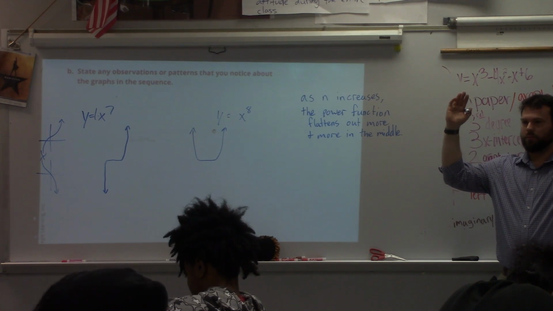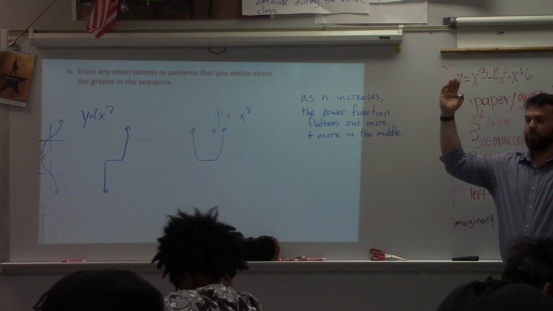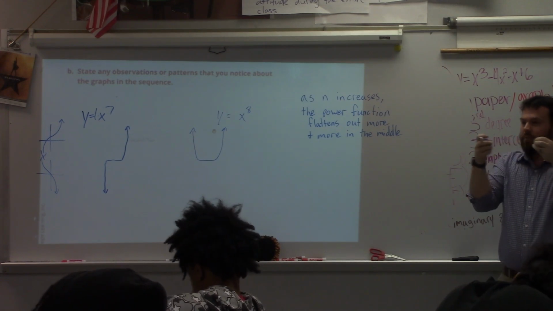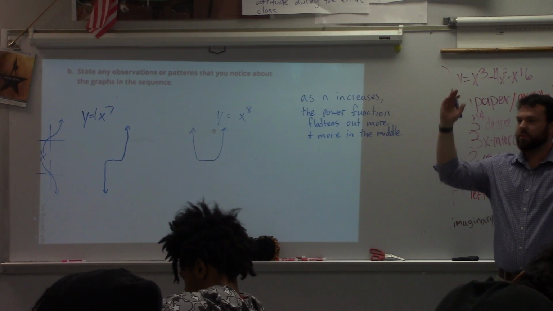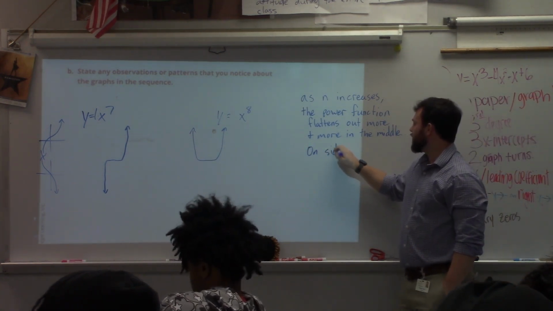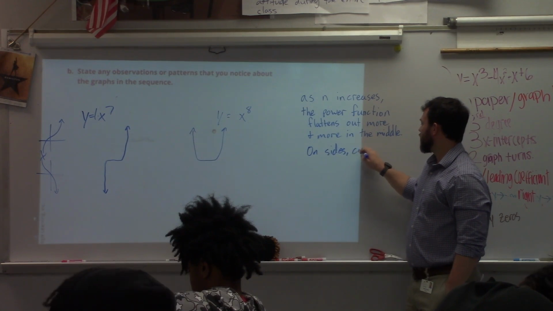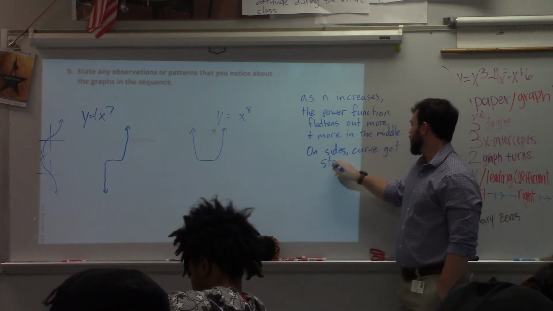It got steeper. It looks wider because of that middle, but didn't it get steeper as n increases? So on the sides, the curve got steeper. It's growing more quickly.